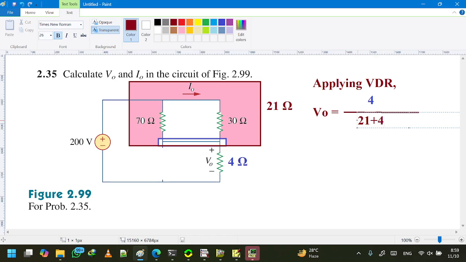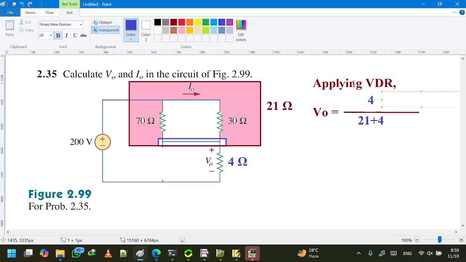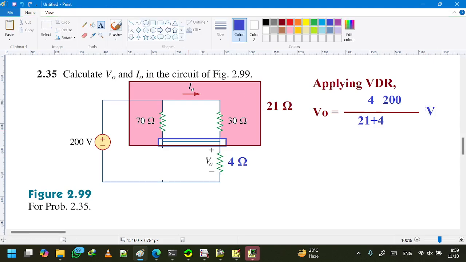And at the top, it should be multiplied with the given voltage, which is 200, and the unit will be volt. We forgot to put the multiplication symbol, so 4 multiplied by 200 over 25. Now we can do the calculation. This is 25 and this is 8. So this V0 is 32 volt.